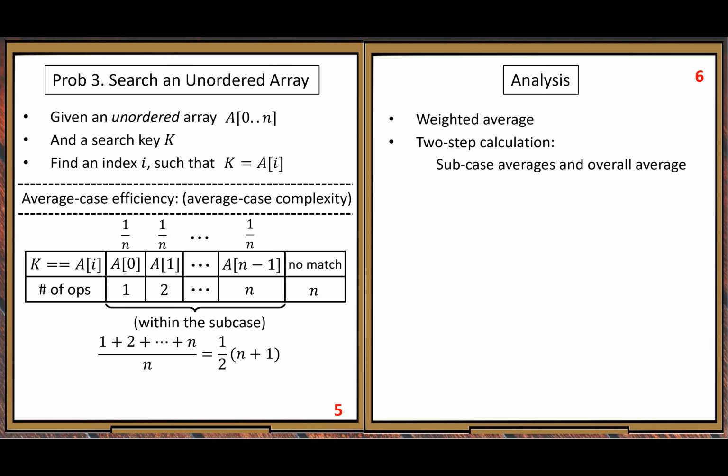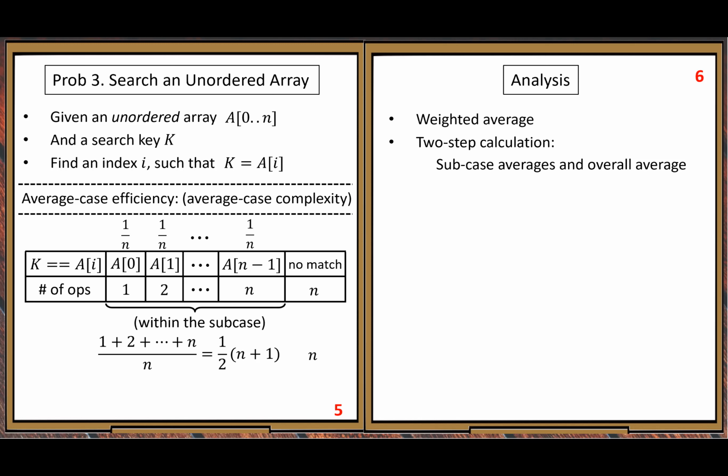Because this number is covering the subcase. Match case, match subcase. There is a match. The first subcase, there is a match. Second subcase, no match subcase. No match subcase, only one case, so average is itself.